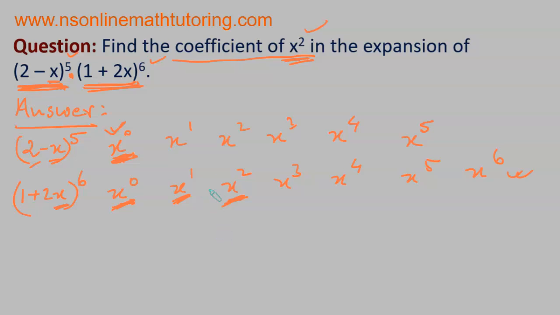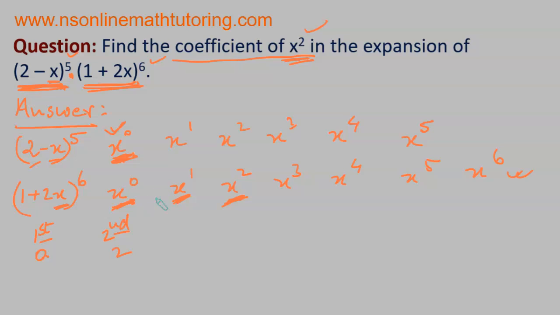So I take this as the first expansion and this as the second expansion. I am taking this combination, these are the powers of x: x to the power of 0 from the first expansion and x to the power of 2 from the second expansion.